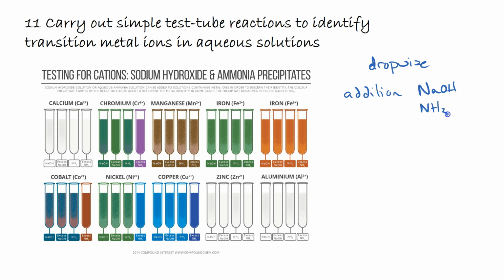The products from these vary depending on the amount of sodium hydroxide that you add, the amount of ammonia that you add, and in some cases if you're adding sodium thiosulfate.